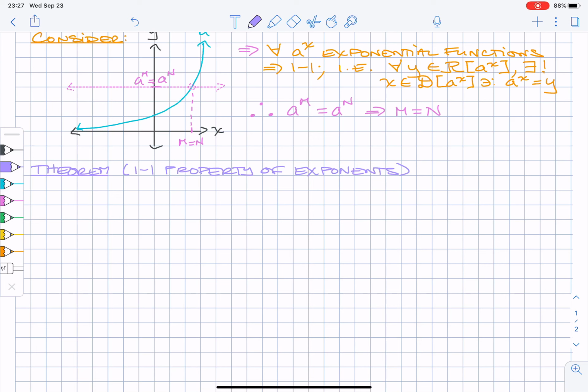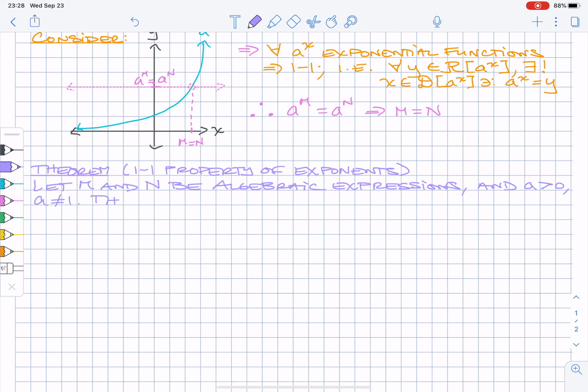Okay, so let capital M and capital N be algebraic expressions, meaning they have variables, x's, y's, and z's. And let little a be greater than 0 and not equal to 1.